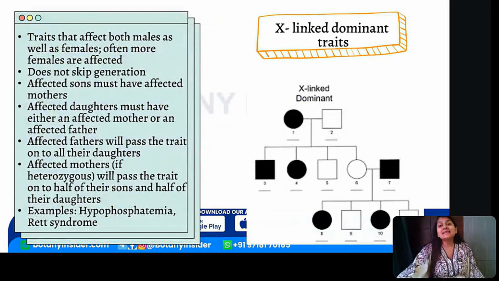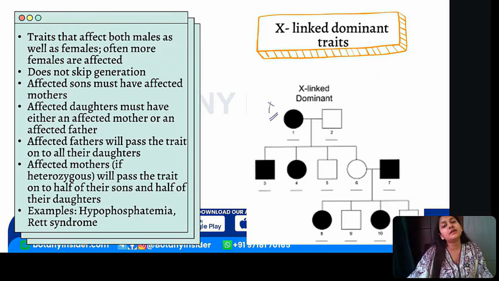Next is X-linked dominant. In the case of X-linked dominant, no matter whether one allele or two alleles are there, even if one allele on the X chromosome is affected, in the next generation there are higher chances of both males and females showcasing the characteristics.